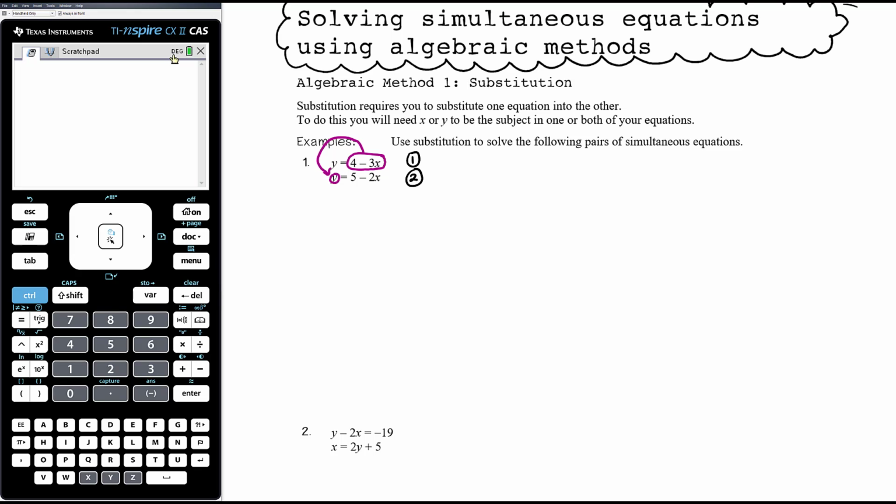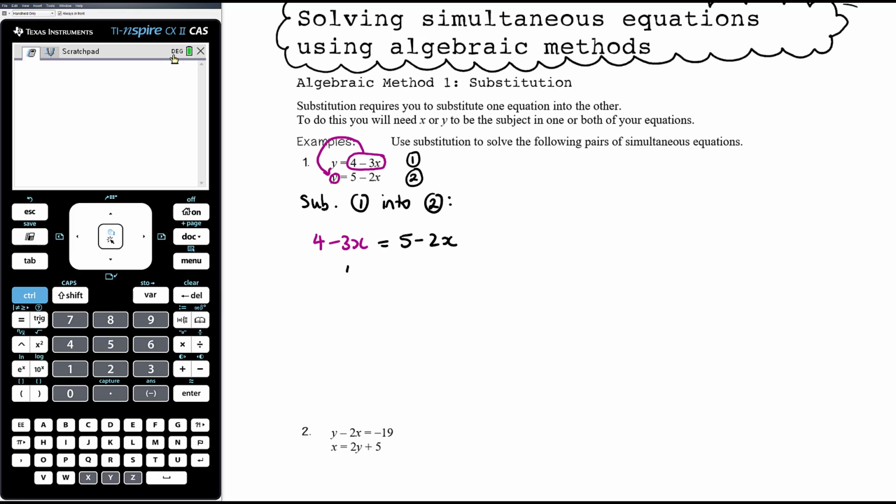So we are substituting equation 1 into equation 2. In this instance, we replace the y in equation 2 with 4 minus 3x. What we've now done is create one equation with just one unknown in it, just x. And so now we can solve this equation for x.